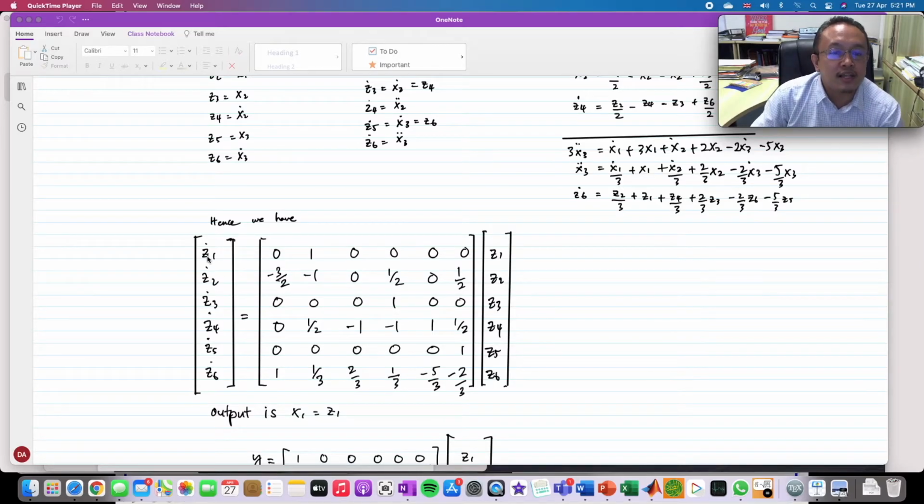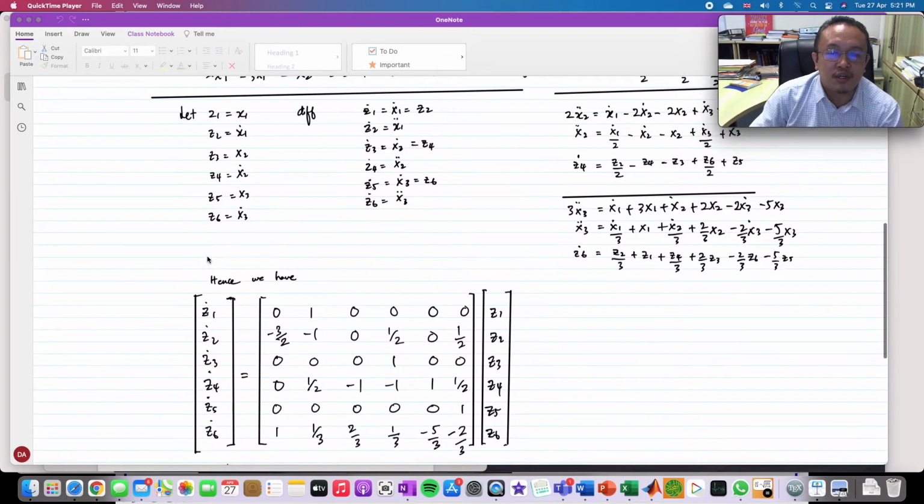Okay, so first of all, you need to settle the z1 dot, z3 dot, and z5 dot first, because this is the easiest. So z1 dot equals z2, therefore z2 equals 1, the rest is 0 for the first line.